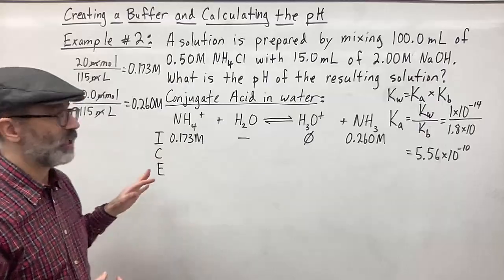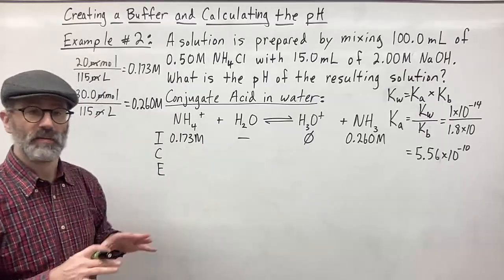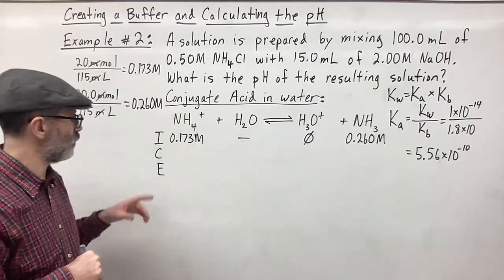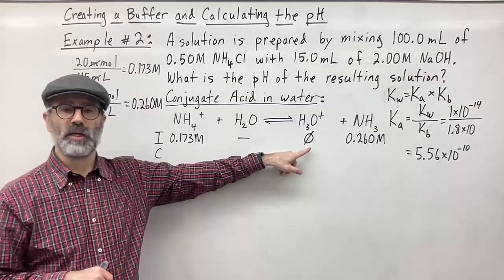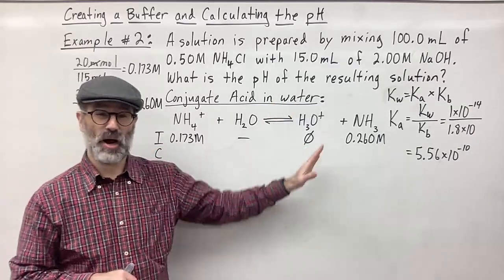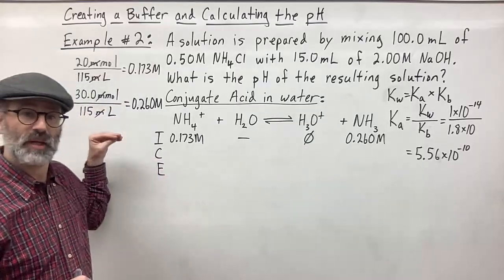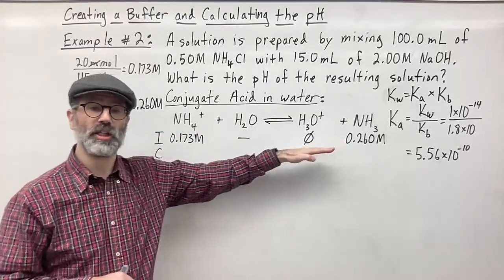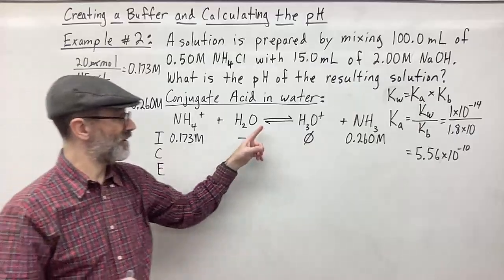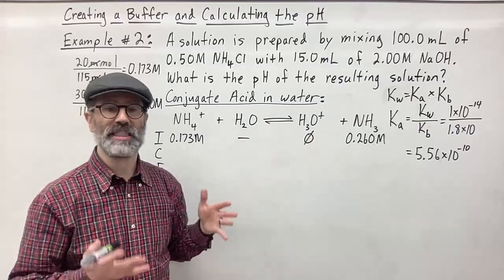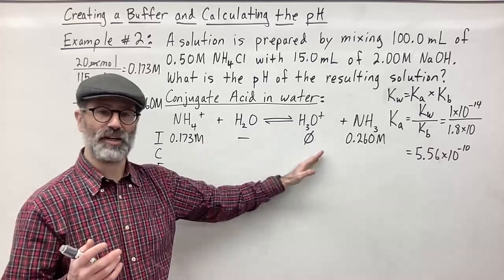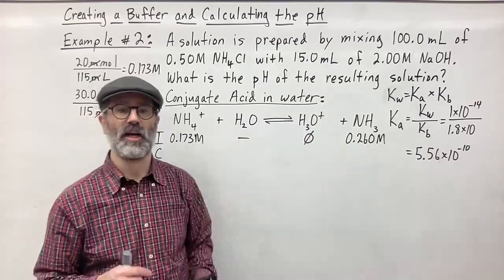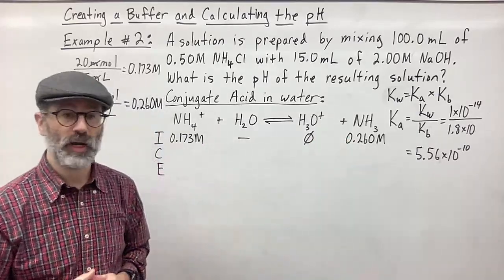Now we can do the equilibrium setup or equilibrium change. So the change here is going to go in this direction. Why? Because we have 0 as a product over here. So it's going to be going into the direction to make more product. Because at equilibrium, you're not going to have 0 of anything, right? So if you have 0 to start with on either side, you know it's going to go that direction to fill in the void, right?